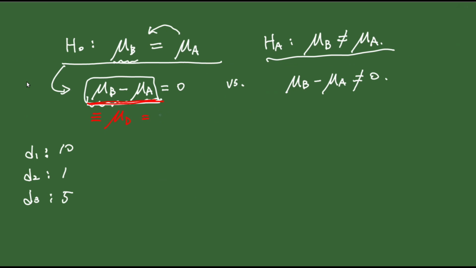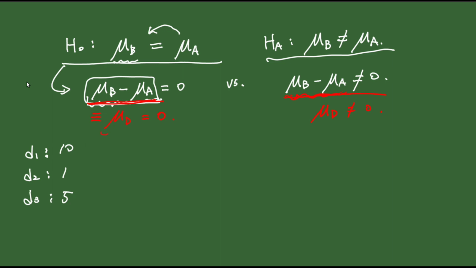So our null hypothesis can be converted into one parameter. Mu d is equal to 0, and since we already defined this thing as mu d, our alternative hypothesis is mu d is not equal to 0. Then this is the one sample t-test, right?